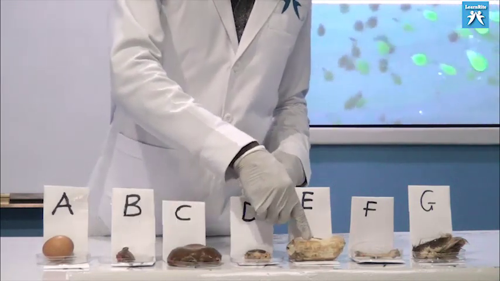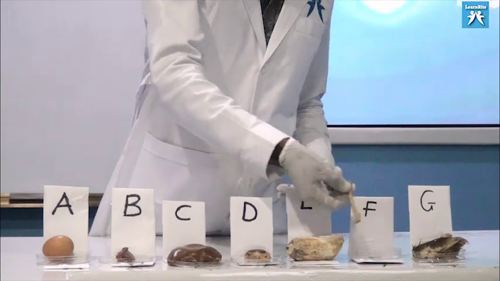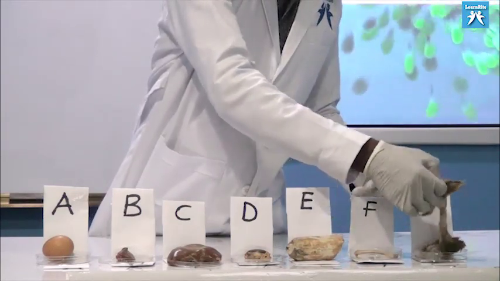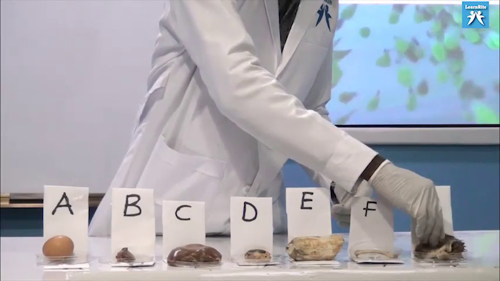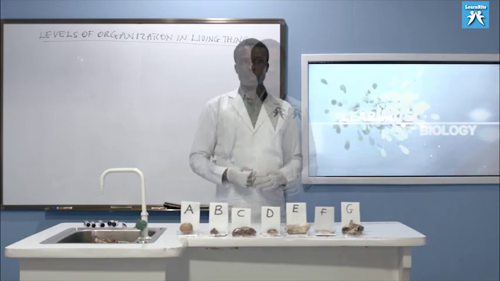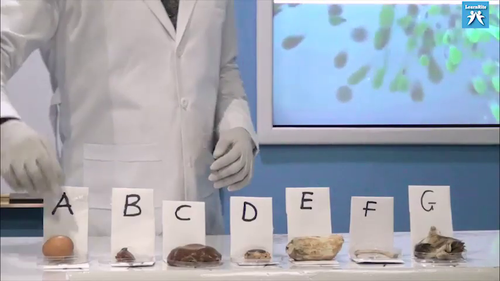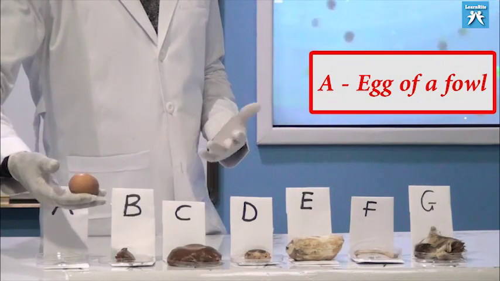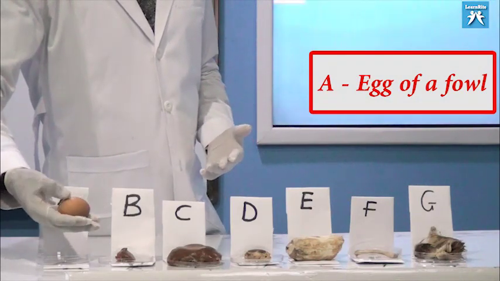D, E, F. Then G. We have to identify. So specimen A is the egg. This is the egg of a fowl.